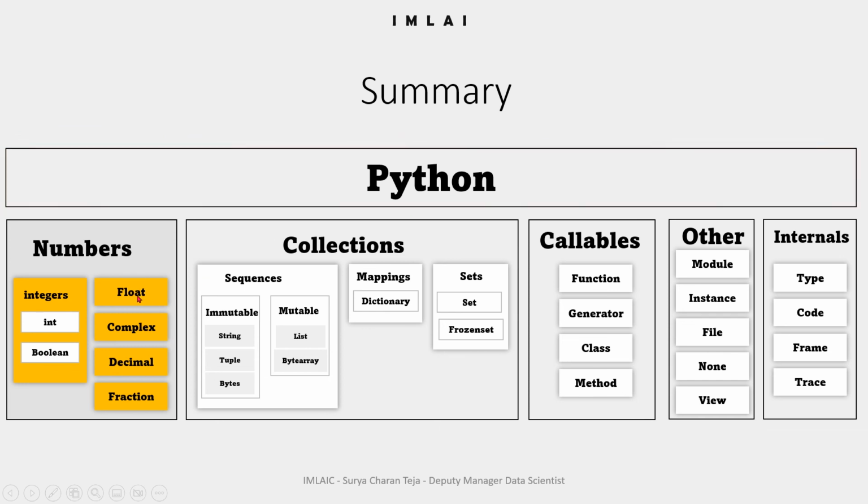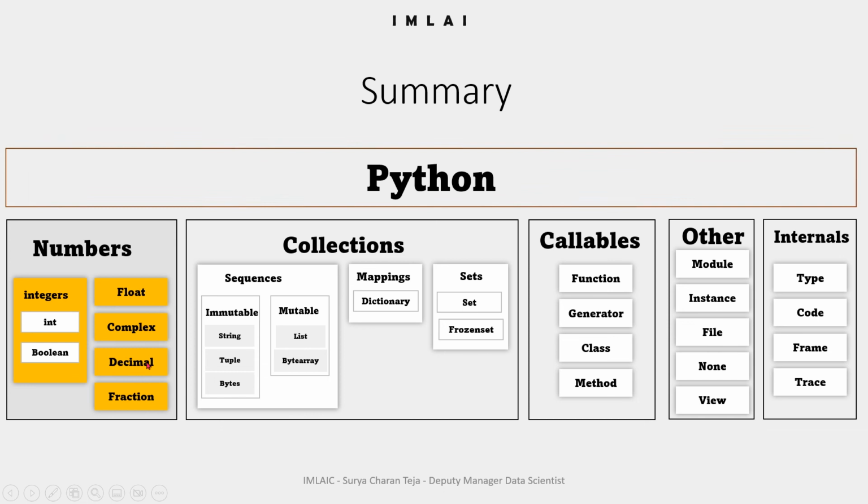The second object is the float object, which consists of decimal points, and the third object is the complex number object, which consists of a real part and an imaginary part, which in turn are float objects.